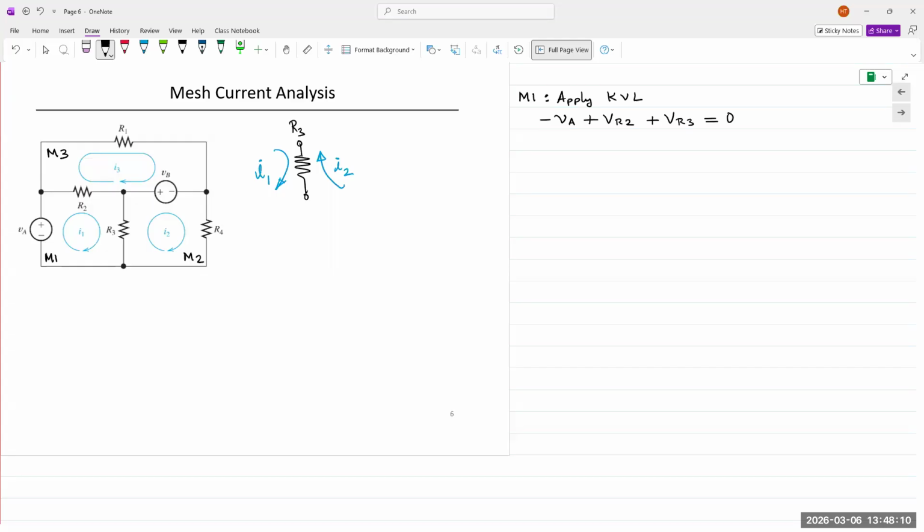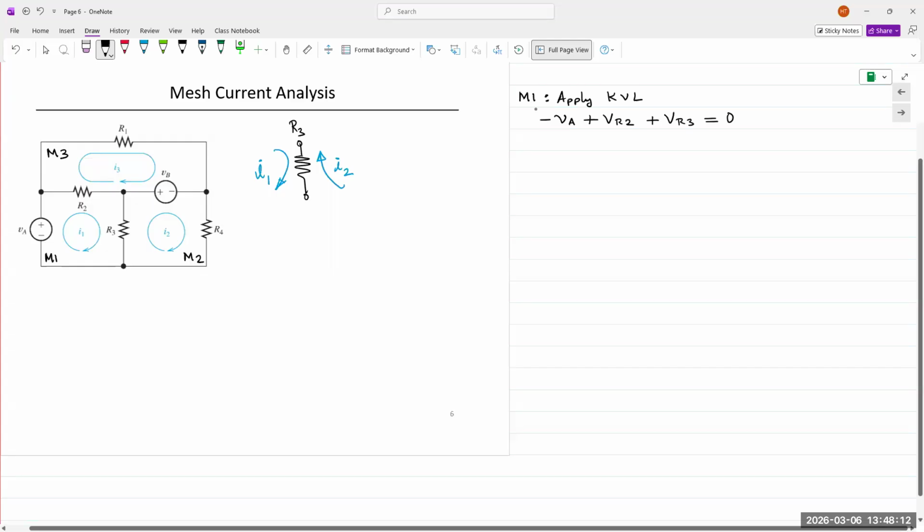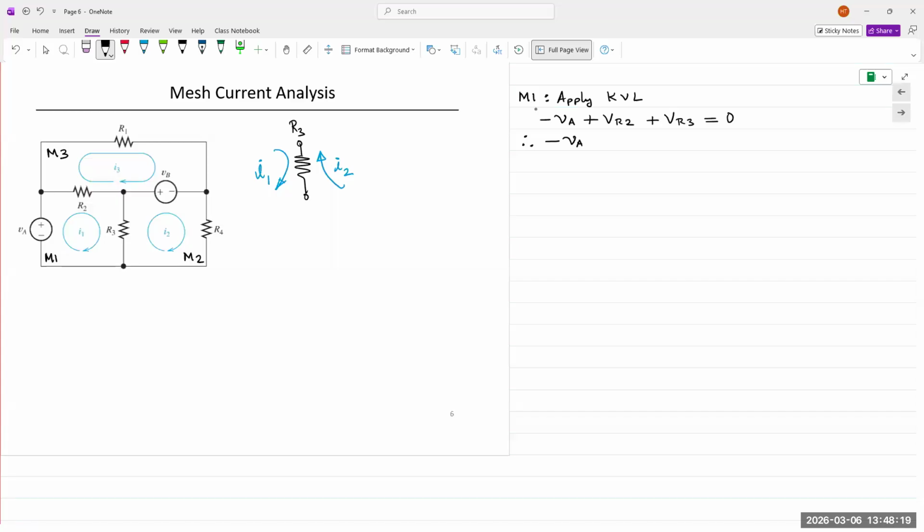Now, VA, of course, is a source. I'll leave it as it is. Now we apply Ohm's law, V equals IR, and we are going to express each resistor voltage in terms of the mesh current. But now VR2 and VR3 are both shared.